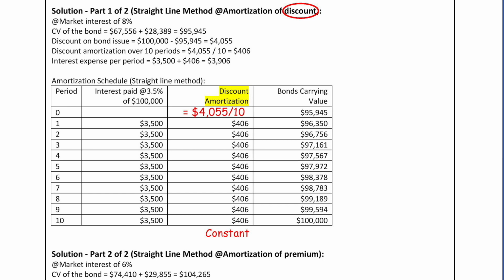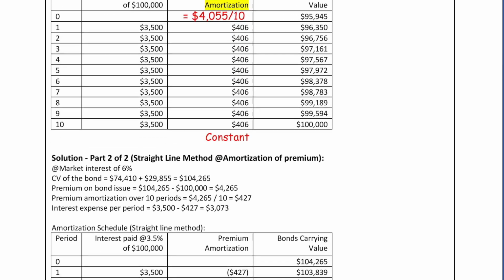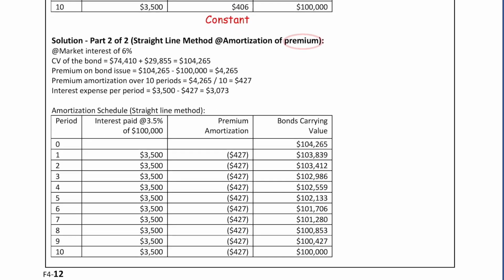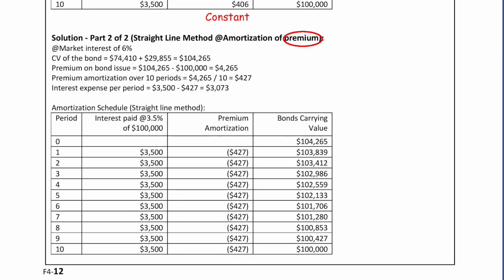The next part of the solution, straight line method at amortization of circle premium. On the amortization schedule there, highlight premium amortization and it equals 4,265, that's 4,265 of premium divided by 10 periods. That gives us a constant amount of $426.5 each period or $427 each period. So below that column, write constant.